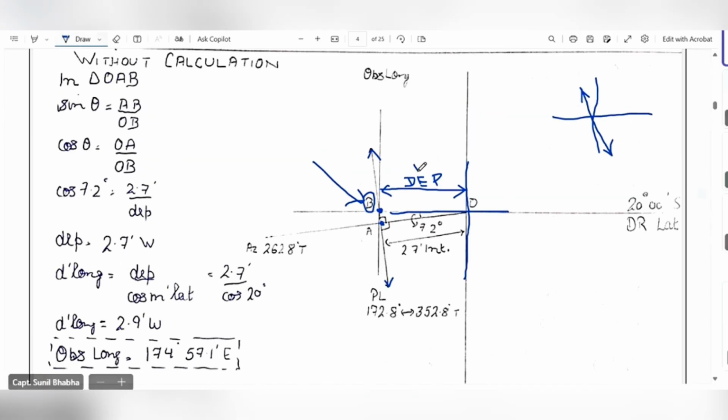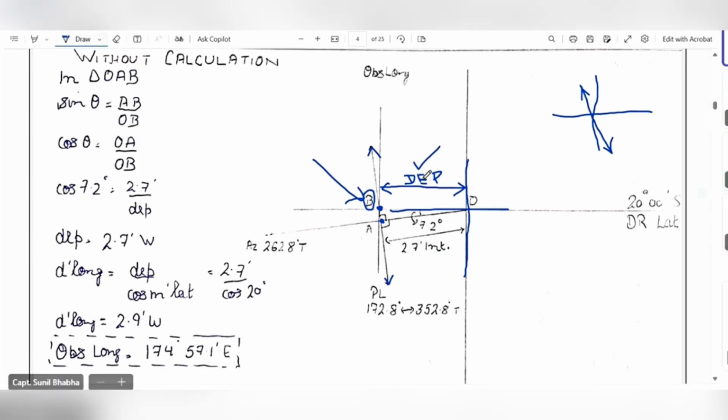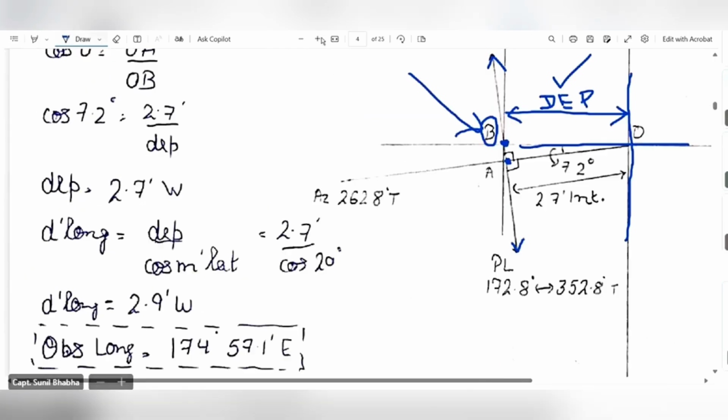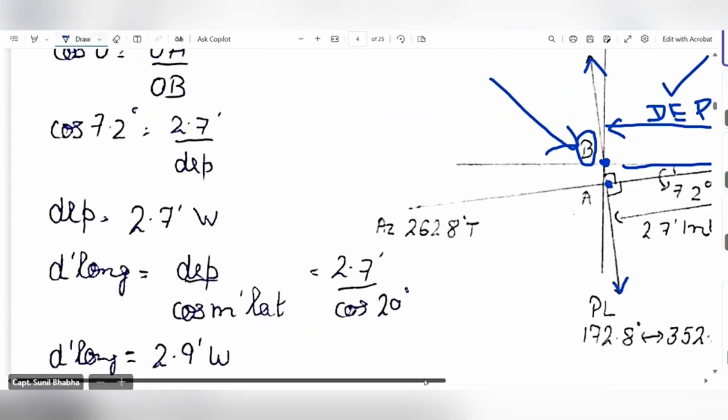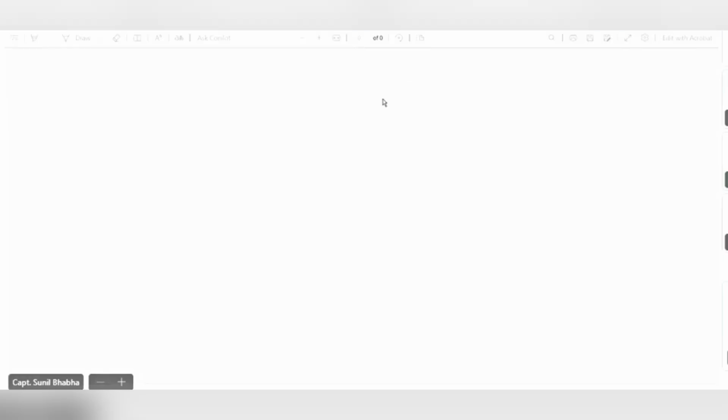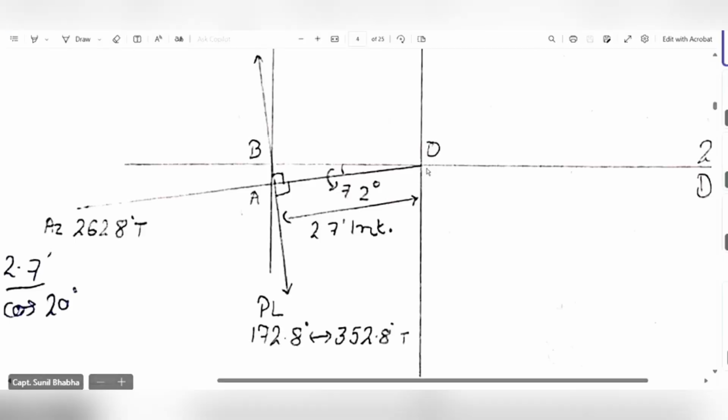He has not measured it from the plot. What he has done is he has made this triangle. I'll zoom in and show you. Let's remove the markings. He's made this triangle, Oscar, Alpha, Bravo.